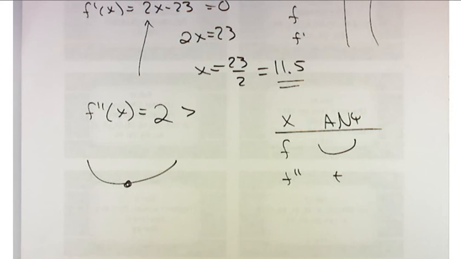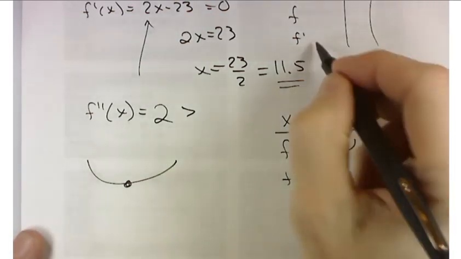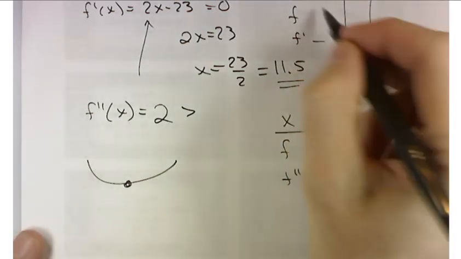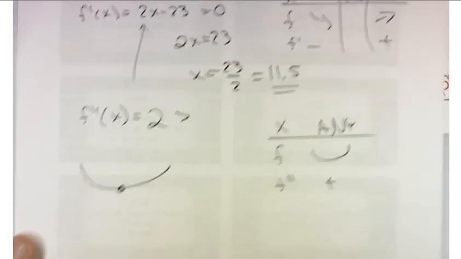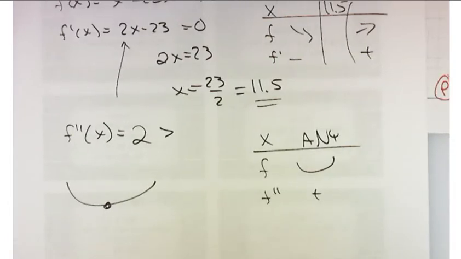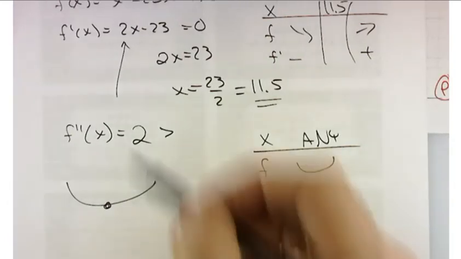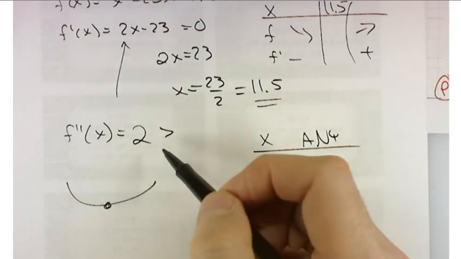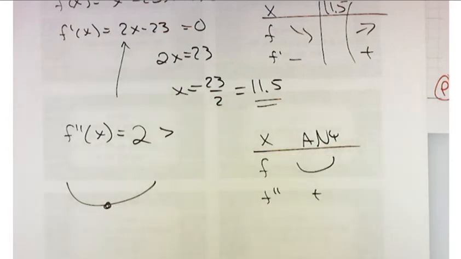A minimum or a maximum? Minimum. Done, right? You could play around with the first derivative test, it's decreasing here, it's increasing here, and get that same conclusion. That's fine. But this is pretty quick. It's concave up, it's a critical point, it has to be a minimum. So x equals 11.5. I think that's it for this one.